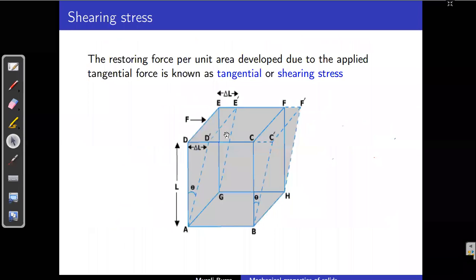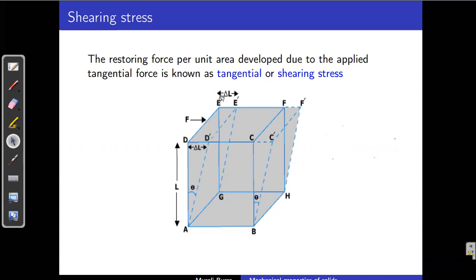Here, delta L is the change in dimension, right?